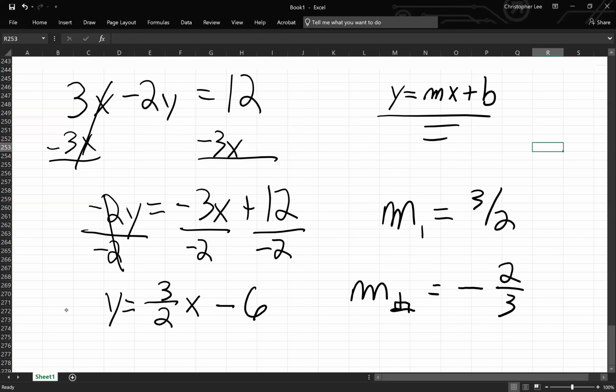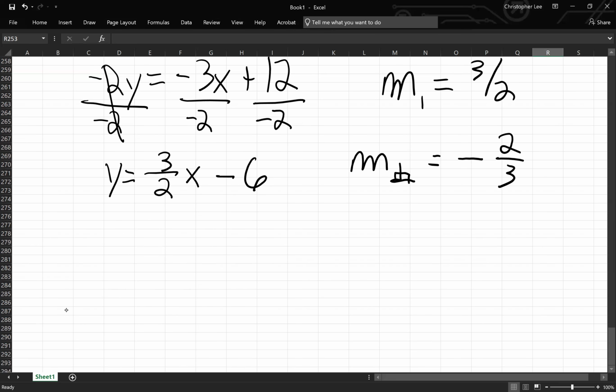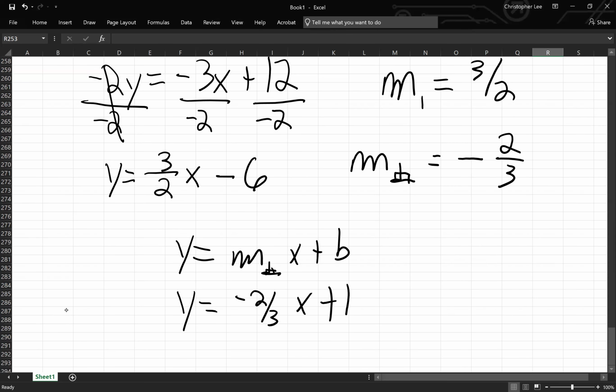That's the perpendicular slope. After that, you just plug in the point, get the answer, and that's it. So y equals negative 2 over 3 x plus b.